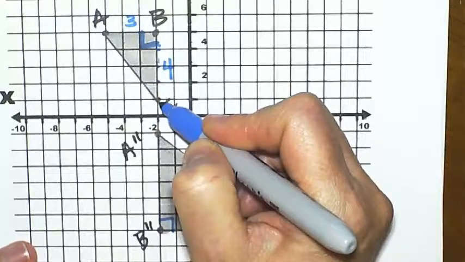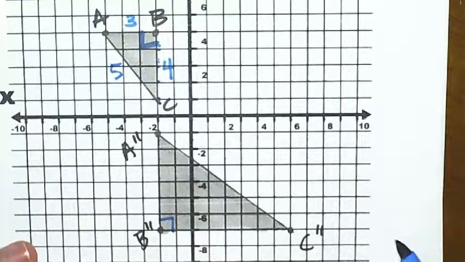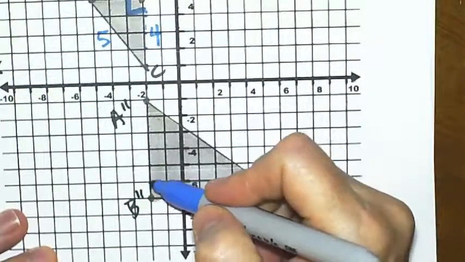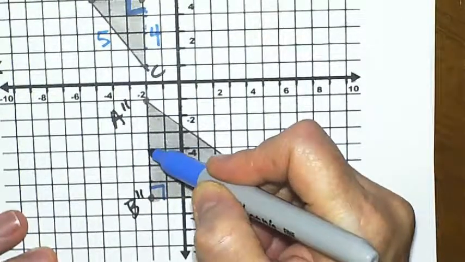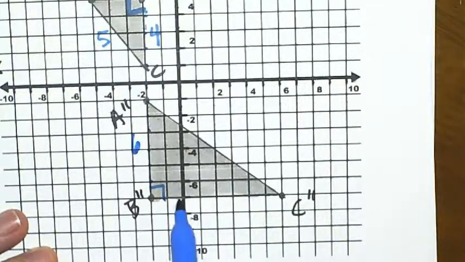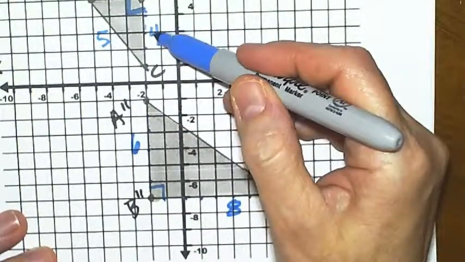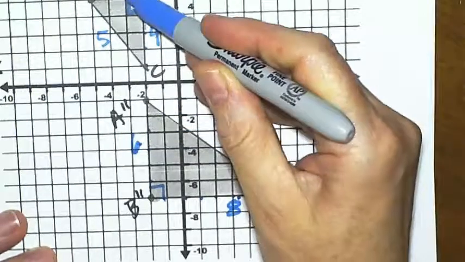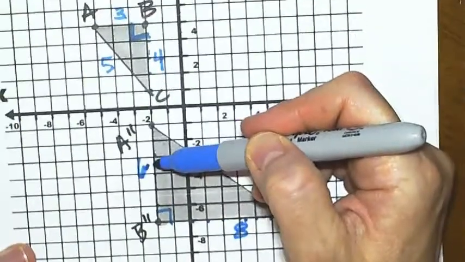Now I could use Pythagorean theorem to find this. If I do, I'll get 5, but it's not really necessary because I'm noticing this side is 1, 2, 3, 4, 5, 6. This side is 1, 2, 3, 4, 5, 6, 7, 8. So I'm noticing that if I multiply 4 by 2, I get 8. And if I multiply 3 by 2, I get 6.